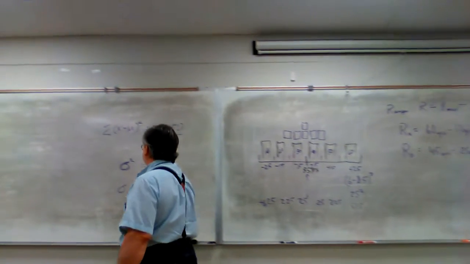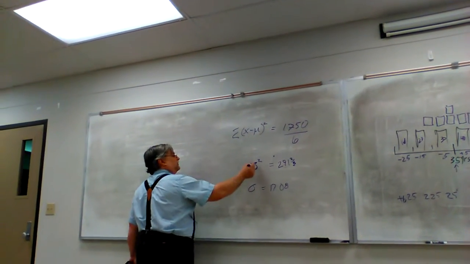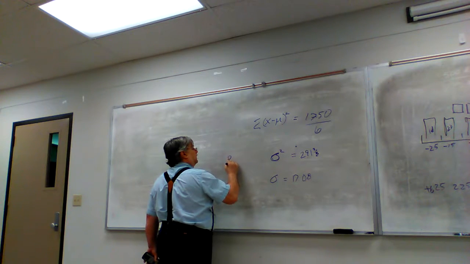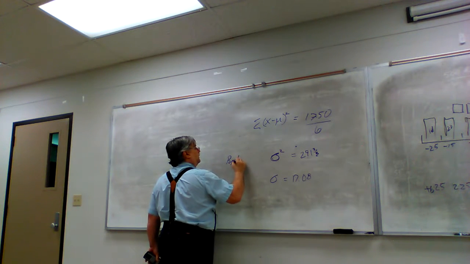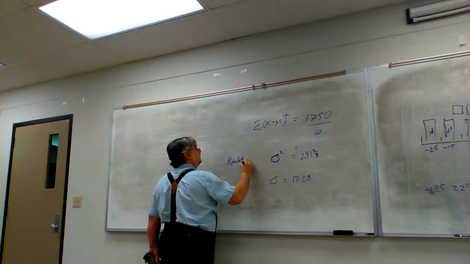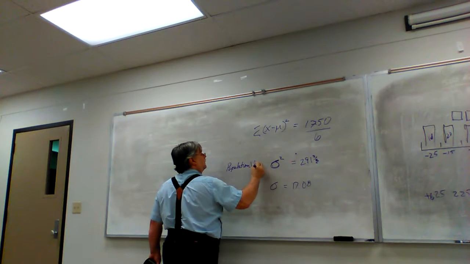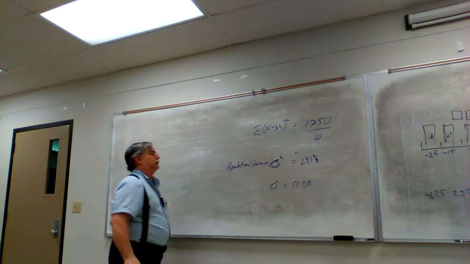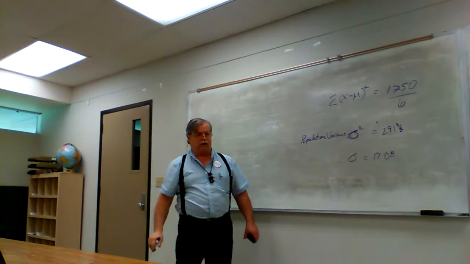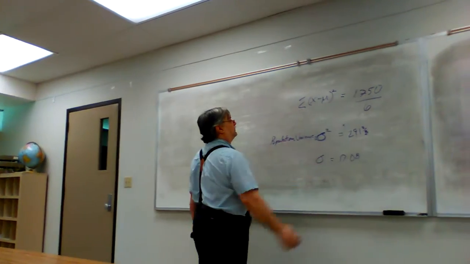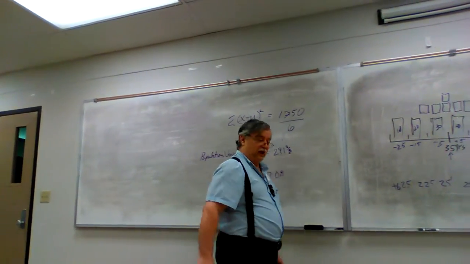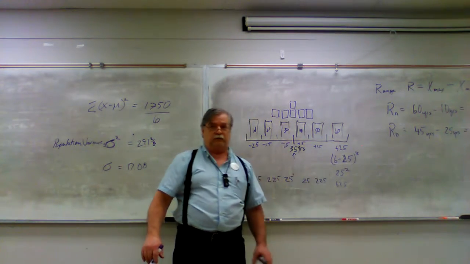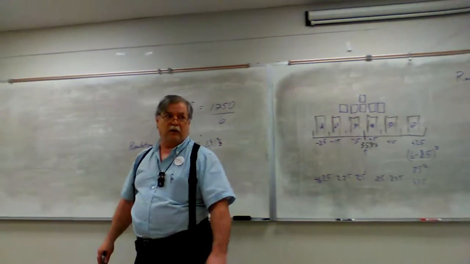Now, this is called the population variance. And it's defined as sigma squared. That's simply the sum of the squares of the variances divided by the number there are.